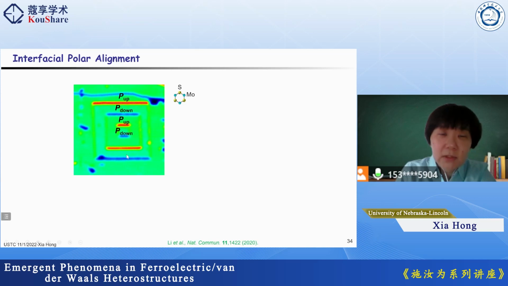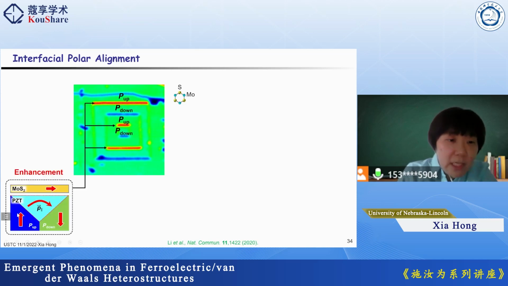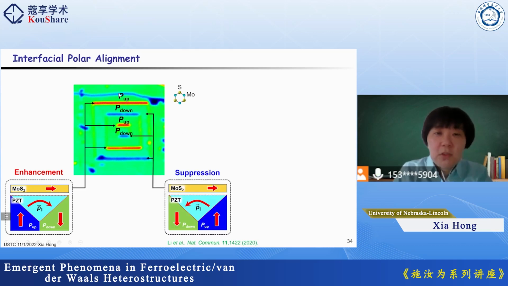That means the polarization at the domain wall is aligned with the in-plane polarization of MoS2. But for the region where the SHG signal is suppressed, we always have the rotation from down to up. Here the chiral rotation of the local dipoles creates an in-plane polarization that is anti-aligned with MoS2.